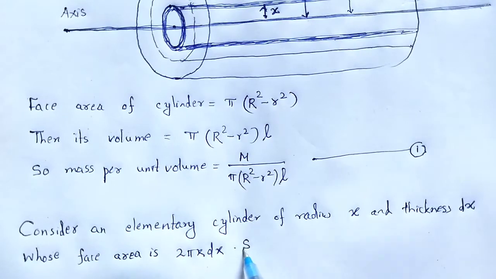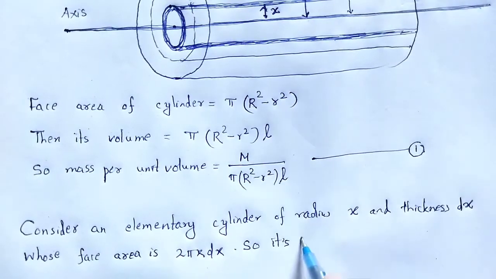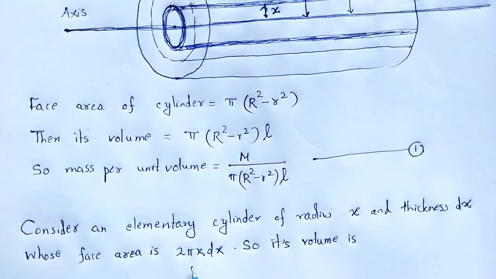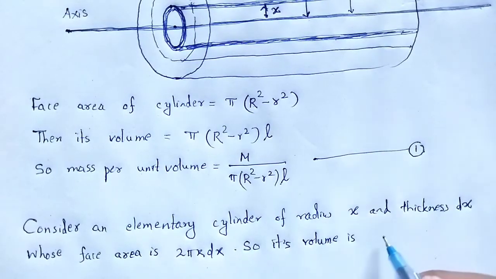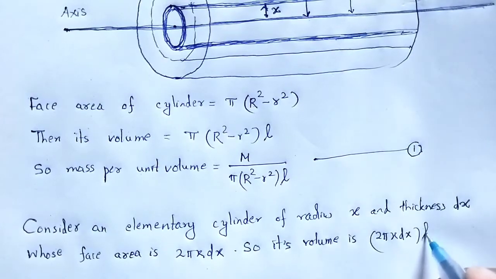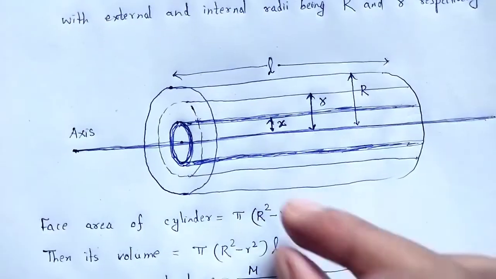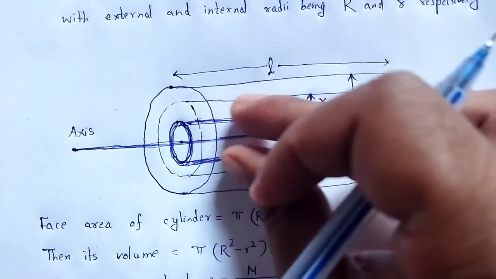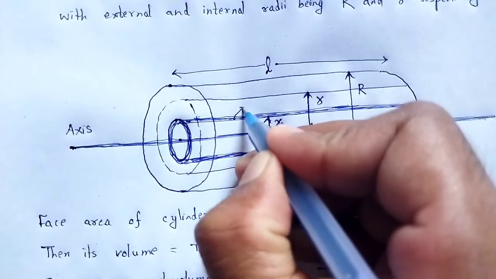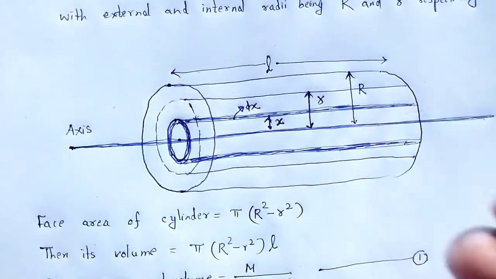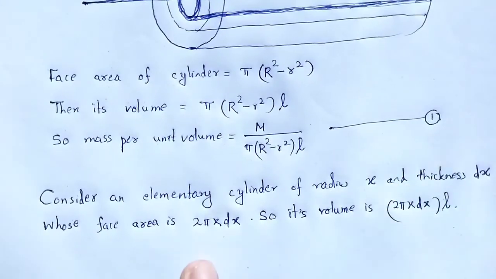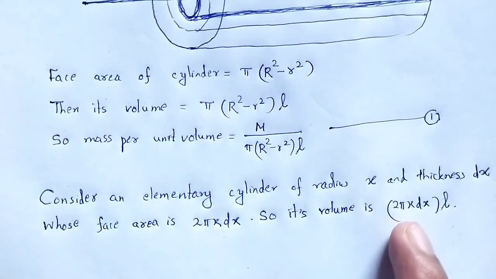So its volume is face area into its length, that is 2 pi x dx into L. That's why its face area will be 2 pi x dx and volume will be 2 pi x dx into L.